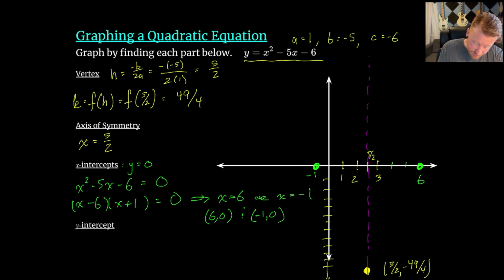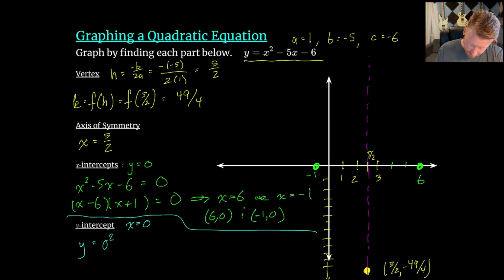There will always be a y-intercept, and the y-intercept is when x is equal to 0. So we are solving for y now. y equals 0 squared minus 5 times 0 minus 6. In almost the very first slide we looked at, we saw that the y-intercept will just be the point (0, c), and we're talking about this c.